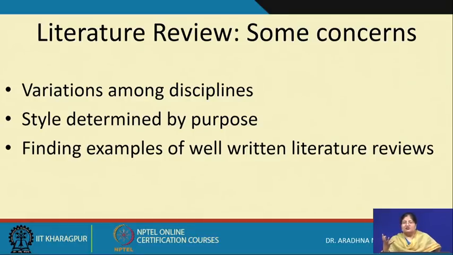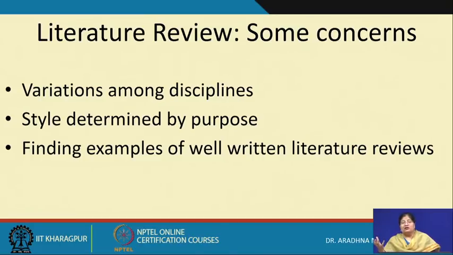Sometimes the literature review highlights the process. Sometimes the literature review is very, very crisp and very brief. In other cases it could be very long. In other cases it could highlight the quantitative side of things.